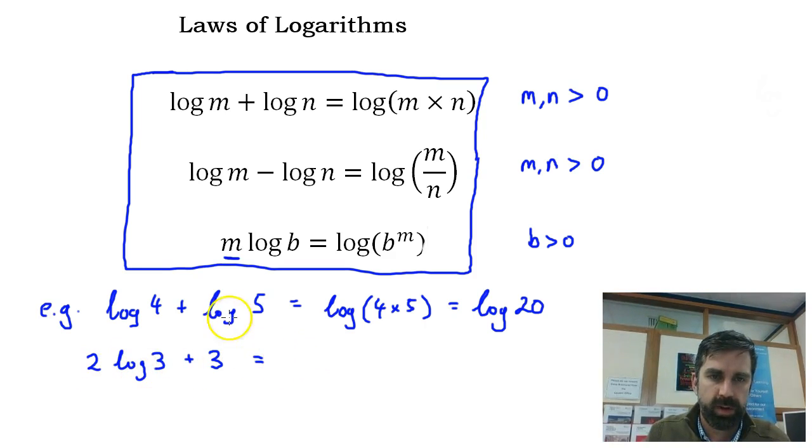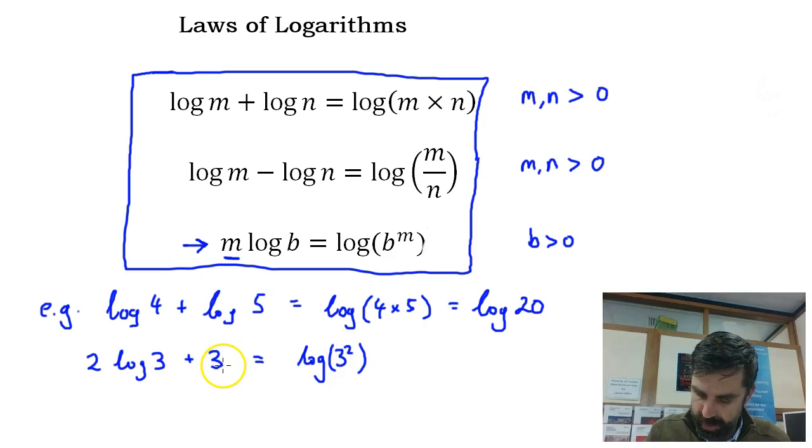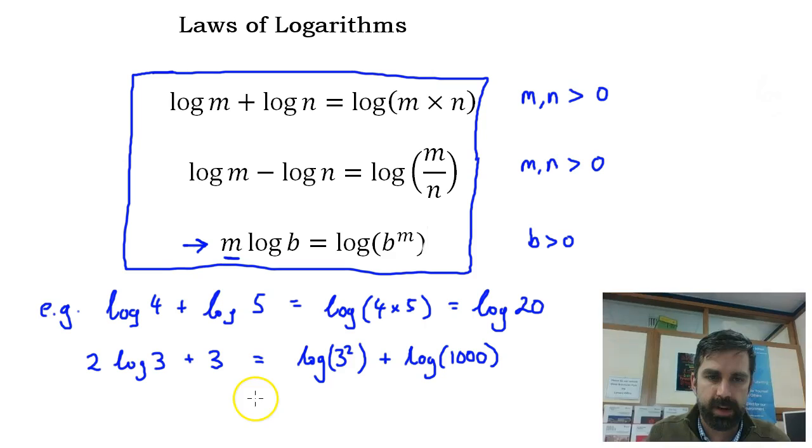Well, 2 log 3, according to our third law, is the same as the log of 3 squared, and then the 3 on its own, if you remember from last lesson, 3 is the log of 1000, because 10 to the power of 3 is 1000, so 3 is the log of 1000.